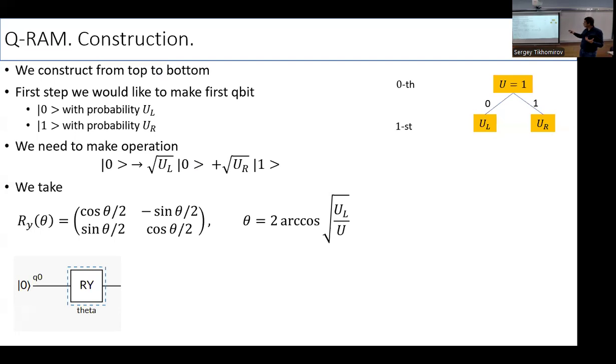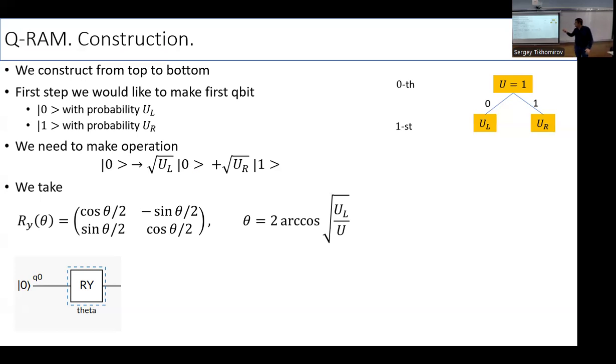And there are 2 branches going from it. One goes to the left, and this corresponds to value 0, the value of the first qubit being 0, and another goes to the right, and it corresponds to the value 1.